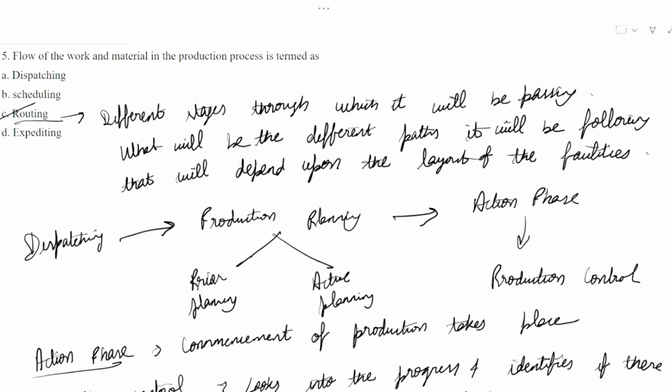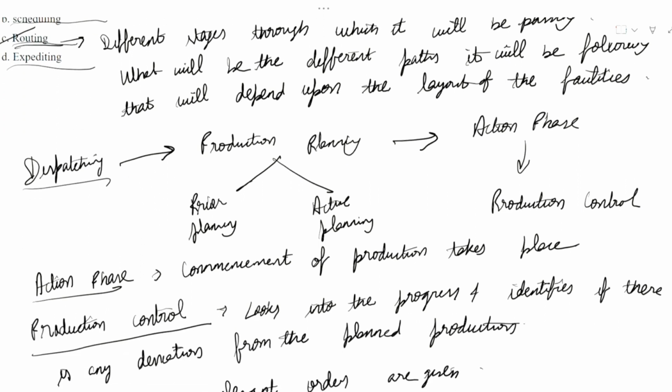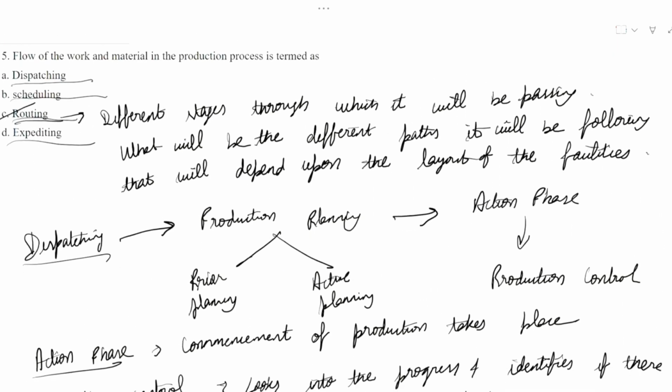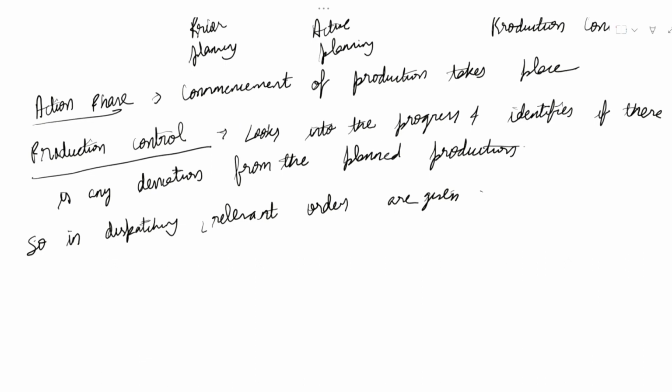So here I am also discussing what happens in dispatching, what happens in scheduling, what happens in routing, what happens in expediting. So first we understood what happens in dispatching. Next, we are understanding what happens in scheduling.